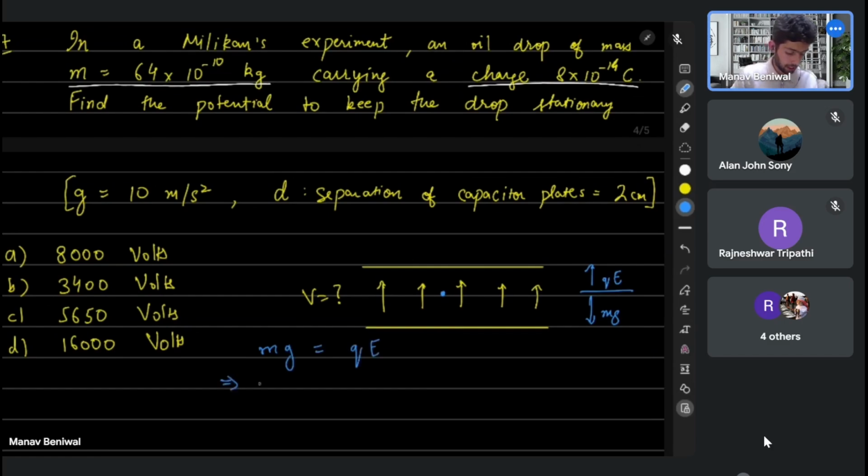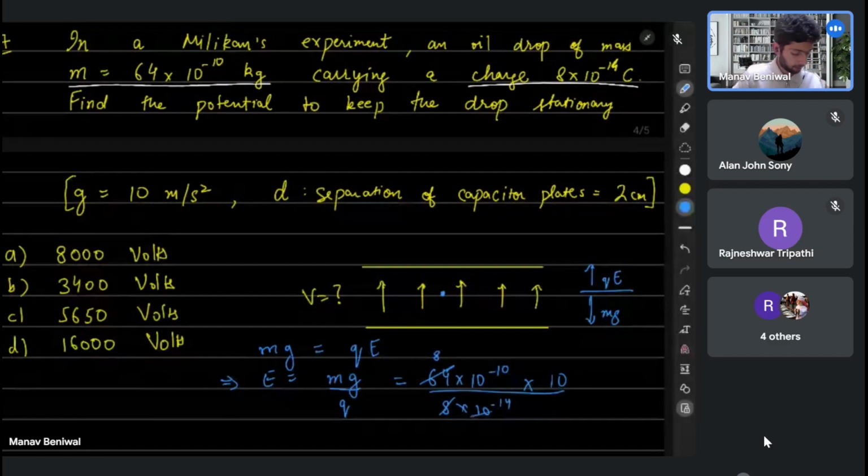This will give me E as mg over q, and m is 64 into 10 to the power minus 10, g is 10, and our q is 8 into 10 to the power minus 14. Okay? So this 8 will cancel out to give us 8 here, and this 10 to the power minus 14 will go up. This will become 10 to the power plus 14 and cancel out this, and we'll get 10 to the power 5.